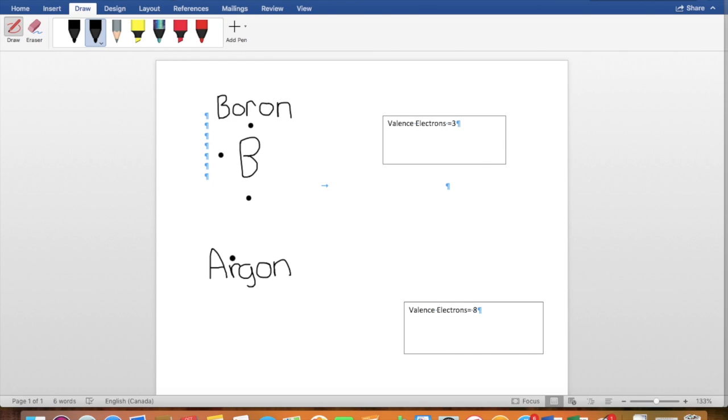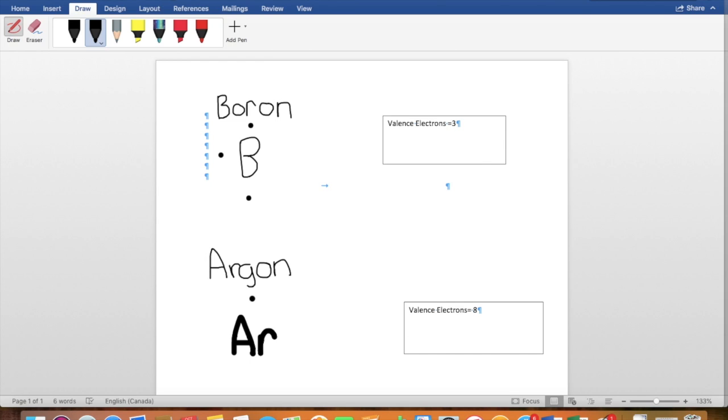So I'm going to do this again, but this time I've picked an element that I know has 8 valence electrons, so it will be a full Lewis dot diagram with all of the dots, just so you can see how I do it. So argon's element symbol is Ar, and it has 8 valence electrons.